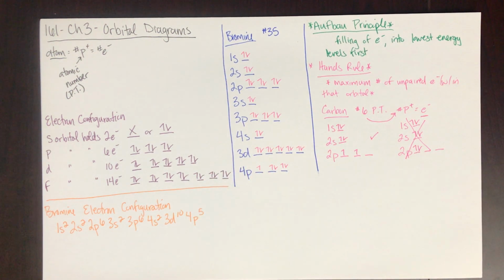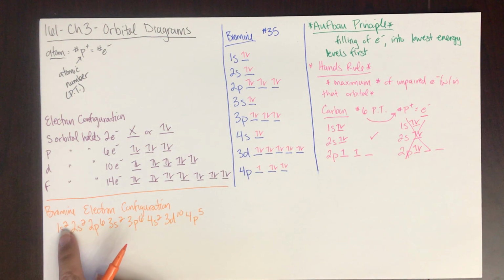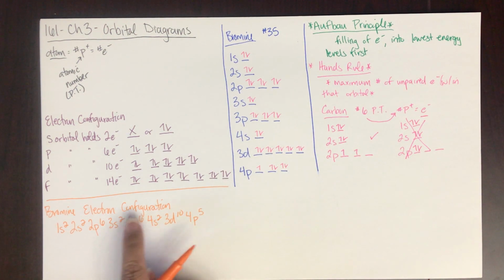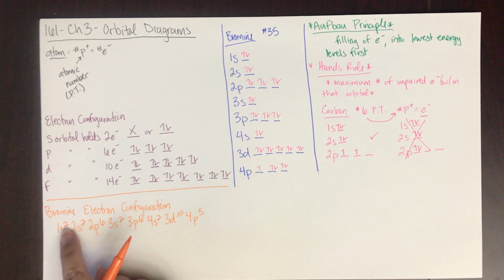So this is the electron configuration for bromine. It's just a different way to represent the same information. If you add up all of these superscripts, it equals the number of electrons. So if you added all of these numbers together, it would equal 35.